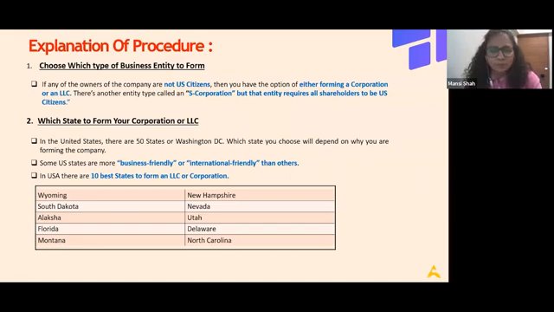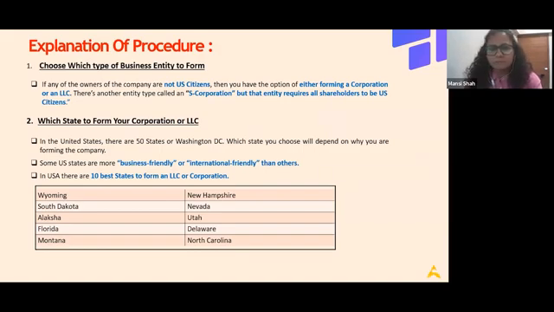Once we choose a specific state after considering all the criteria, that will be treated as the domestic state. You can have business in another state as well, but it will be called a foreign registration. So one state can be the domestic state, and the other state where you are doing business can be the foreign registration.